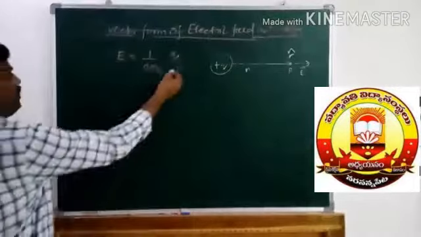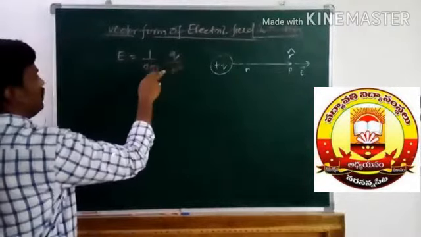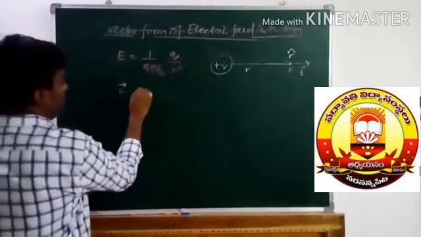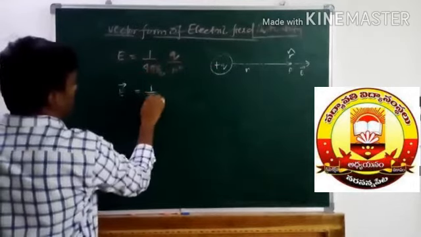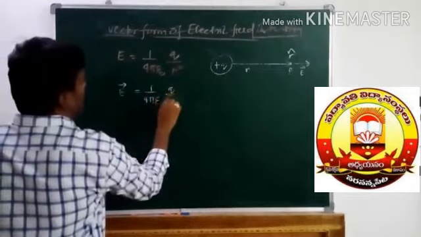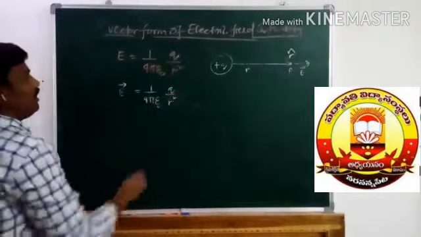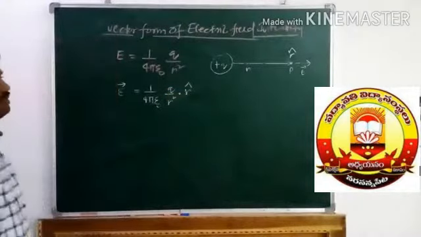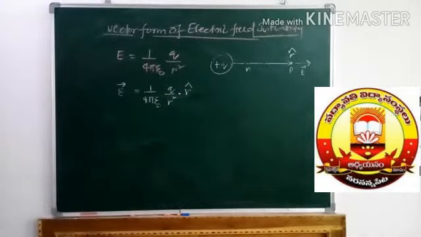So this electric field will be in the direction away from the positive charge. This can be written as 1 by 4 pi epsilon naught q by r square into r cap, where r cap is a unit vector along r bar.